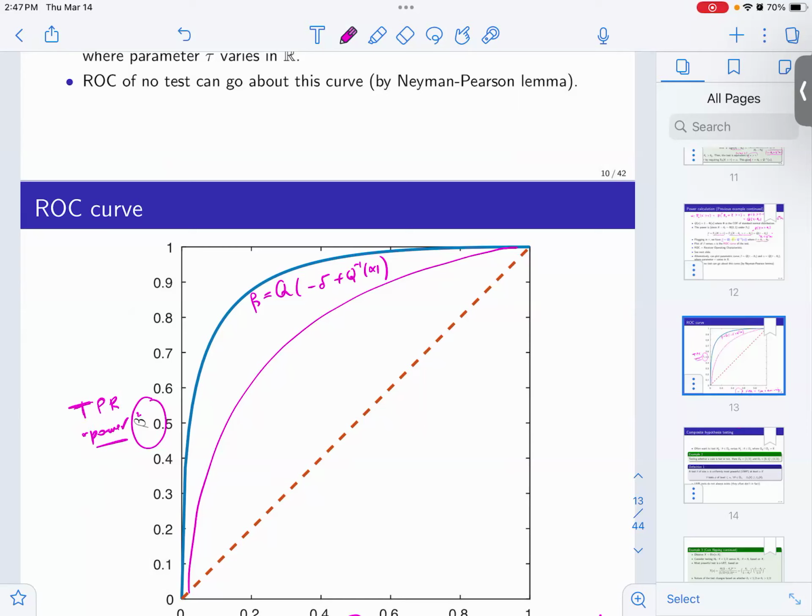The problem would be harder. If delta is much bigger, then this would become like this, and the problem becomes easier. By looking at the ROC curve of the most powerful test, you can see how hard the problem is. This is the maximum achievable; it characterizes the hardness of the problem implicitly.